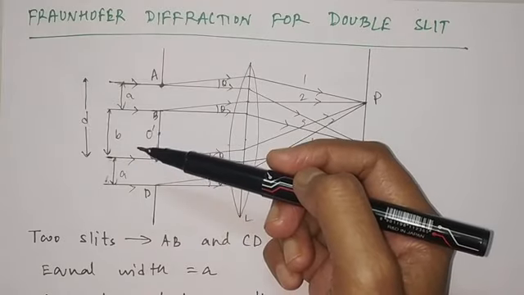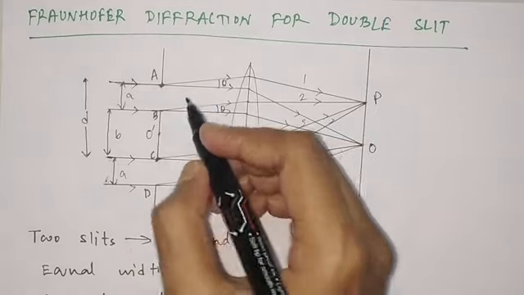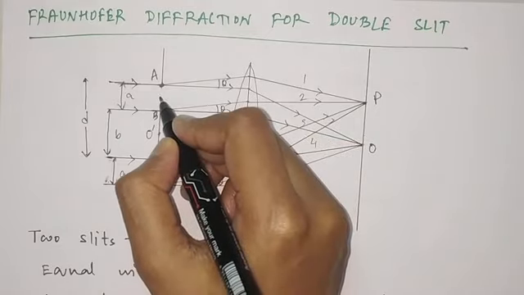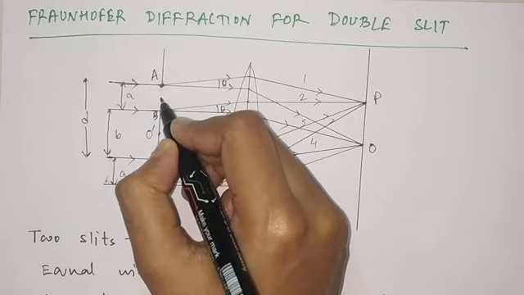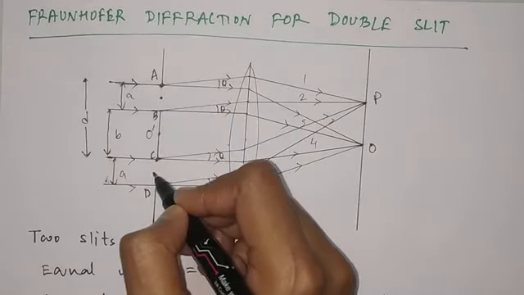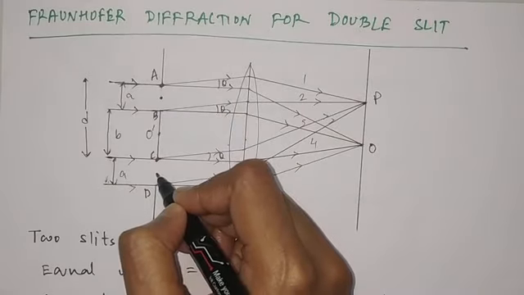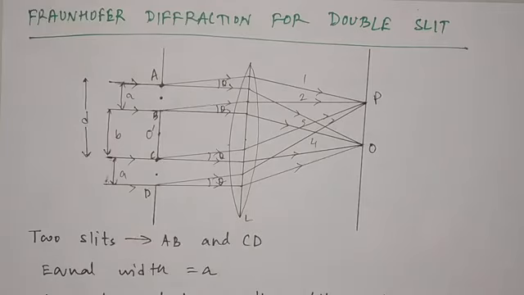Similarly, another example of corresponding points is the midpoints of the two slits. Suppose this is the midpoint of the first slit and this is the midpoint of the second slit. Then what is the separation between these two equivalent points?